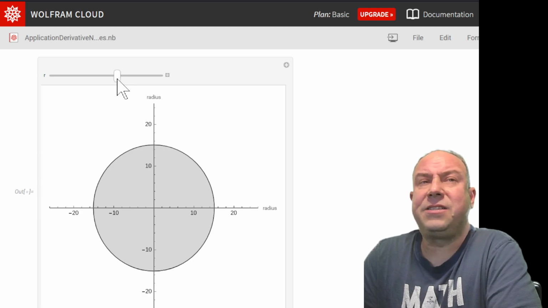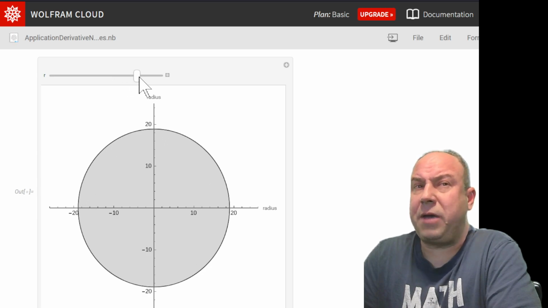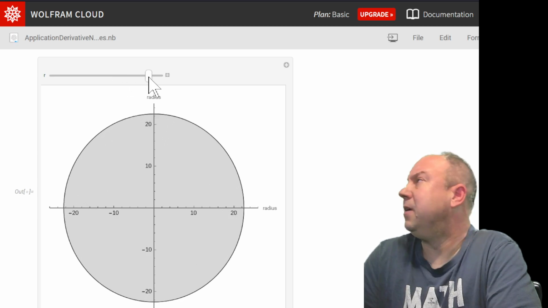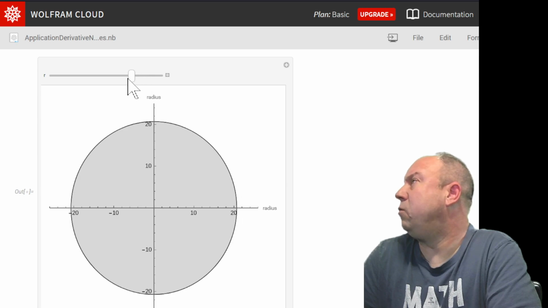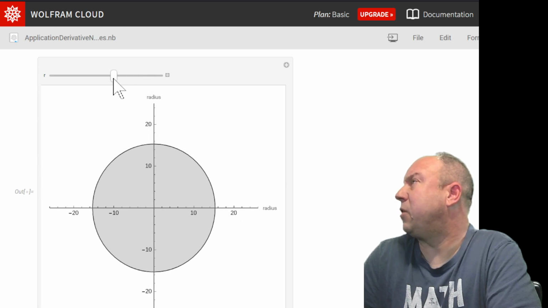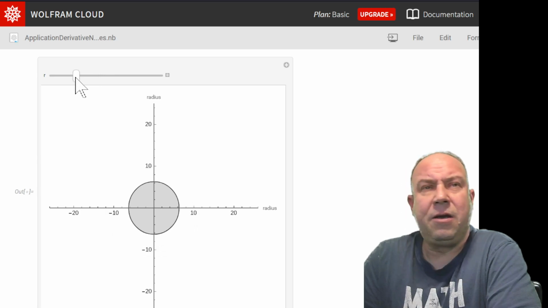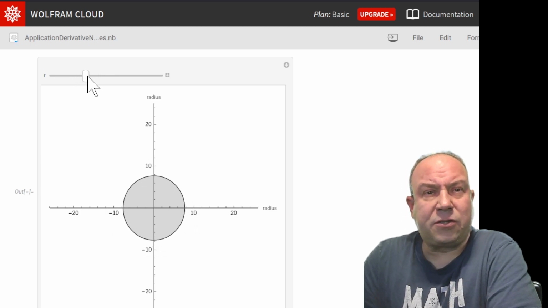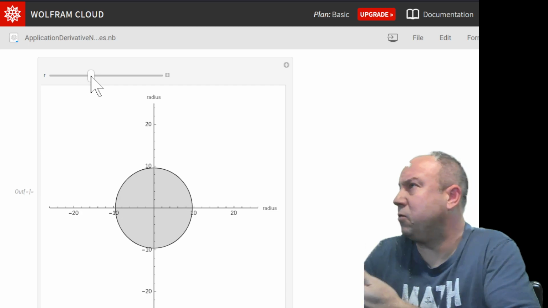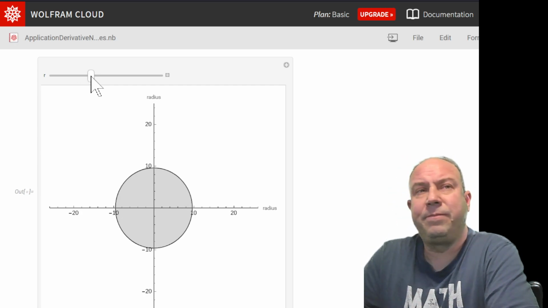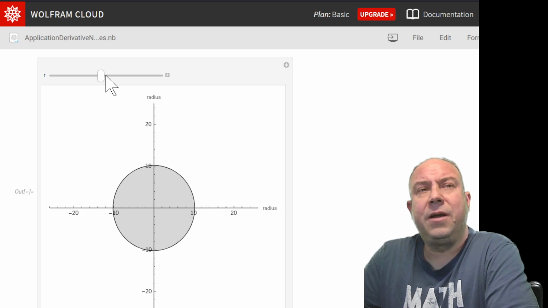As the radius changes with respect to time, here I'm changing it rather slowly, we could say 1, 2, 3, 4 ticks of time, that circumference is also changing with respect to those ticks of time.